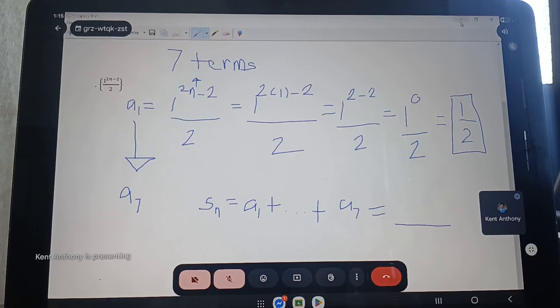Now for this afternoon, I want you to get your pen and paper so that you can solve for the 7 terms. Begin, everyone.